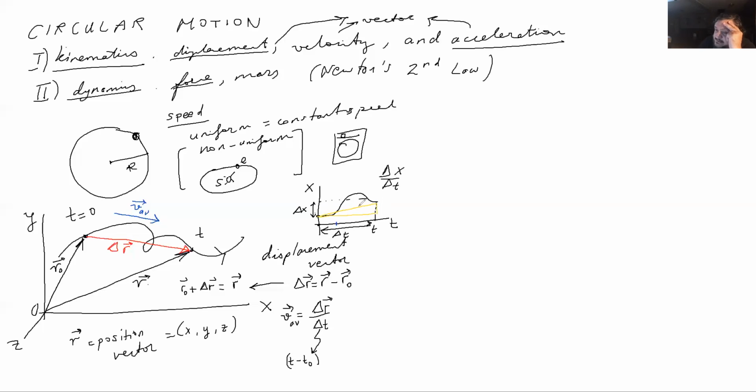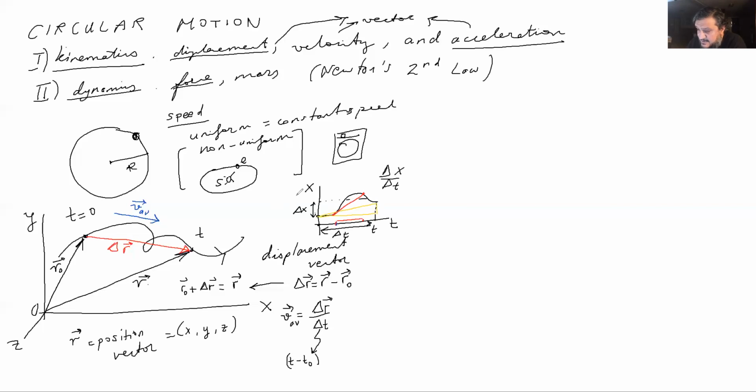So if you do this at a shorter time interval, what happens? Let me pick red. Suppose you pick a point here, another point there. Now we have a shorter time frame. So we're talking about the slope of this line now, which is different from the slope of the first, yellow line. But the time interval is shorter.